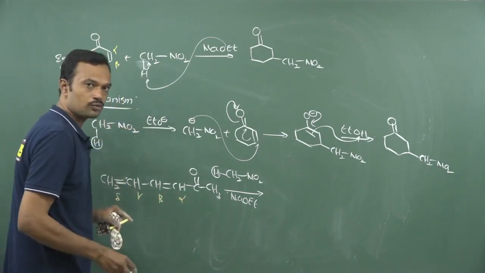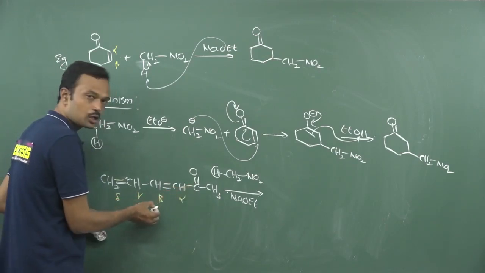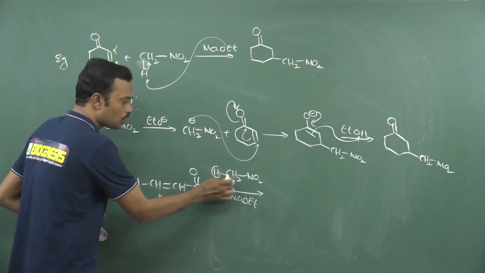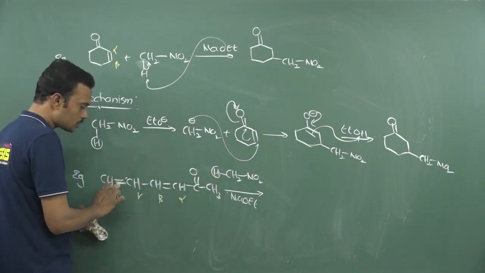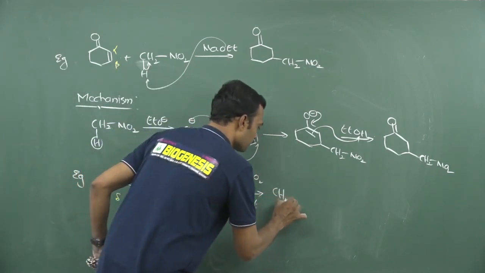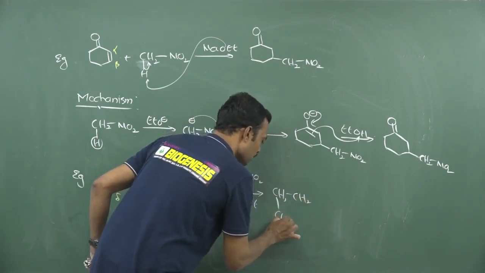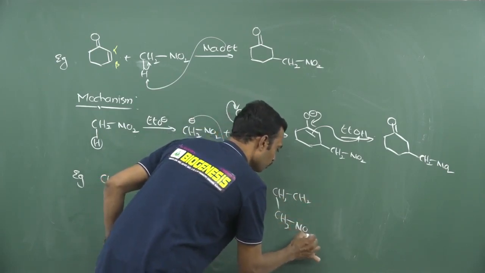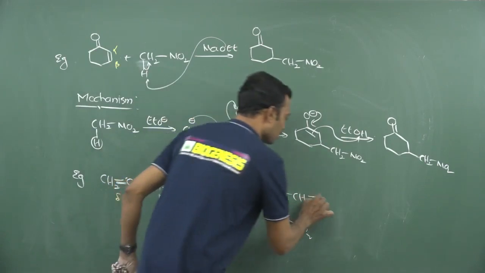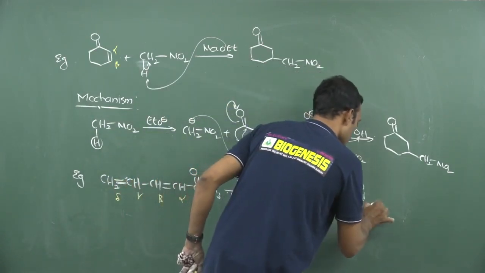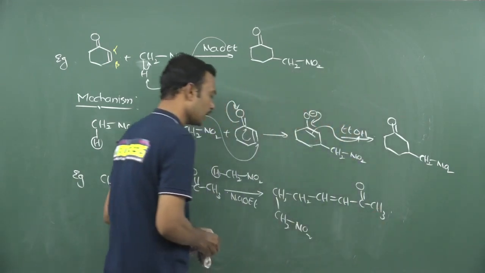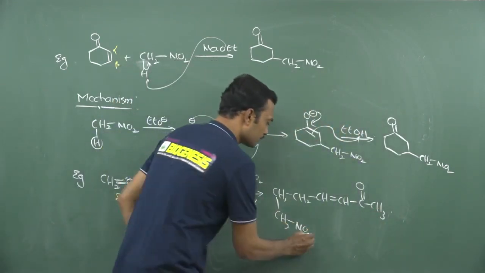In the last case what we learned is, if carbonyl is conjugated to this double bond, we add this carbanion on beta, but right now it should be added over here. Then this double bond is going to disappear. If this double bond disappears, you will get CH2NO2. Then later this double bond will be as usual, and next there is a presence of C=O, CH3 like this.